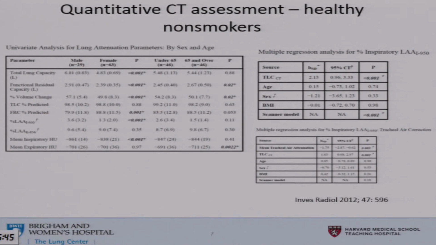So that quantitation has been applied first in smokers. What our group did was take cohorts of smokers, mainly using the COPD gene cohort, which is a group of smokers, more than 10,000 patients participating. The primary aim of that cohort is to look at genetic abnormalities that predispose to the development of COPD and emphysema.